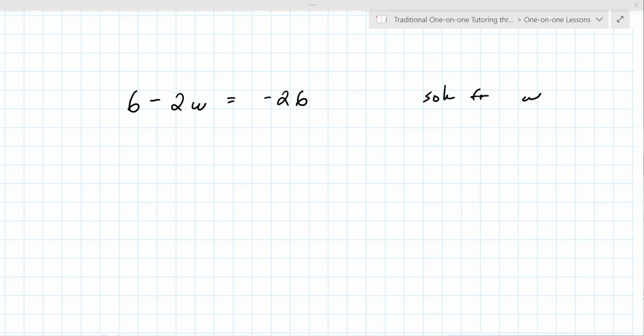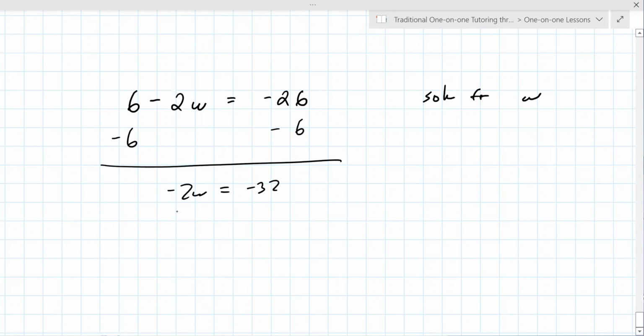I got w equals 16. Okay, that sounds reasonable. Let's subtract 6 from both sides. So that's -2w equals -32. Divide by -2 on both sides, so w equals 16.